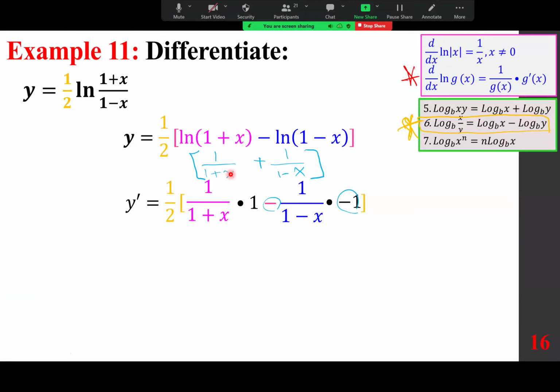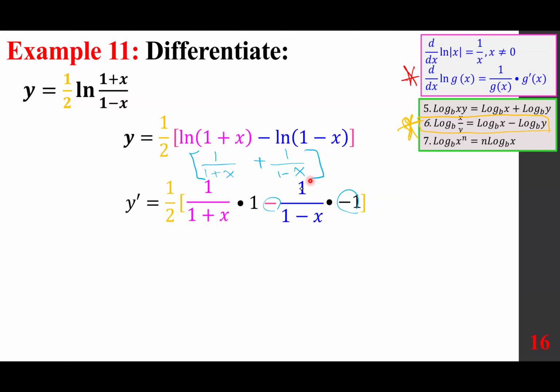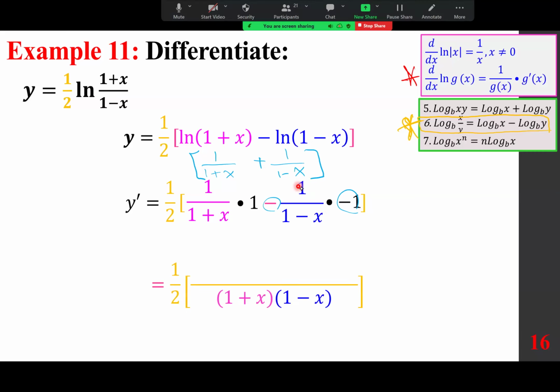So 1/2 times. Now you have two fractions you are going to combine. Even if in my open math they accepted it, it's not acceptable. It is not finished. So you take a common denominator of 1 plus x times 1 minus x. And then you say 1 times 1 minus x plus 1 times 1 plus x.